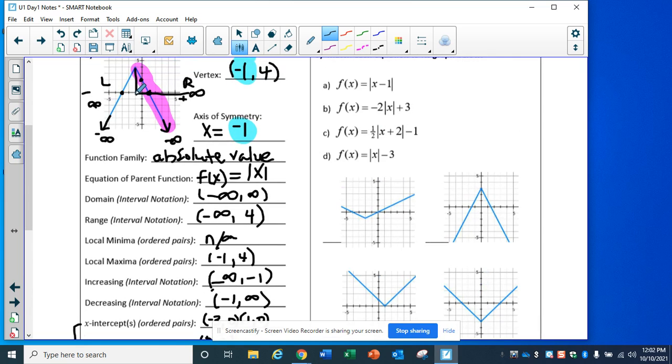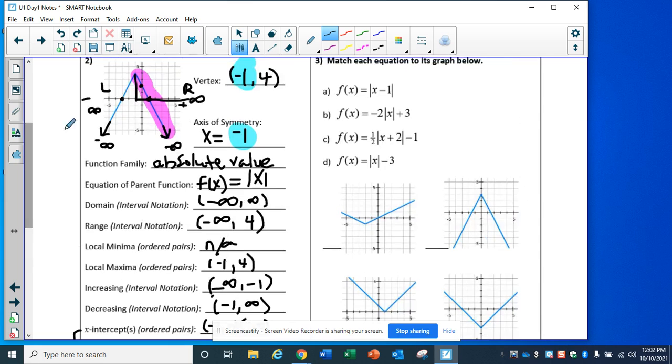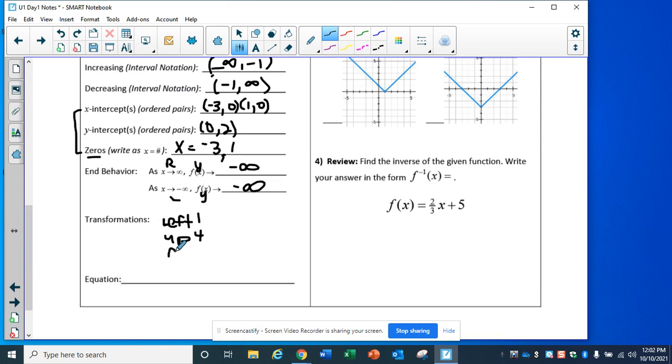It went left 1, and then it went up 4. So left 1, up 4, and then it flipped. It's reflected, right? It's facing down instead of up. All right, so it's a reflection.